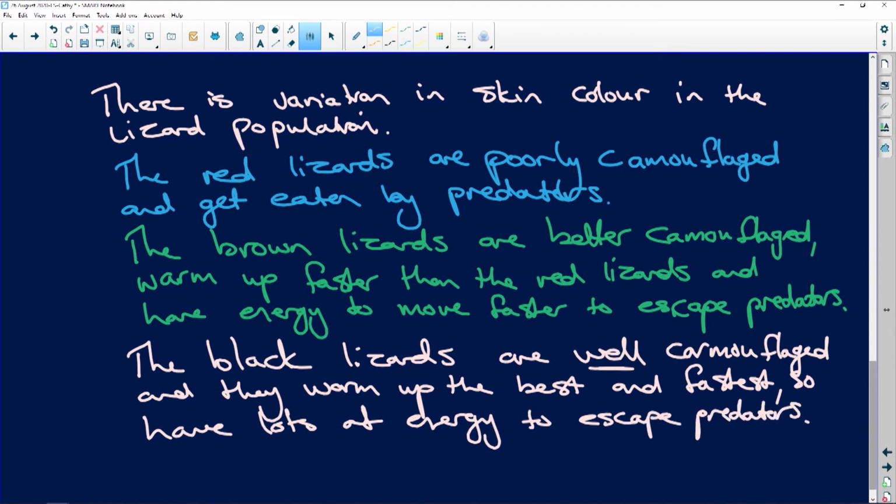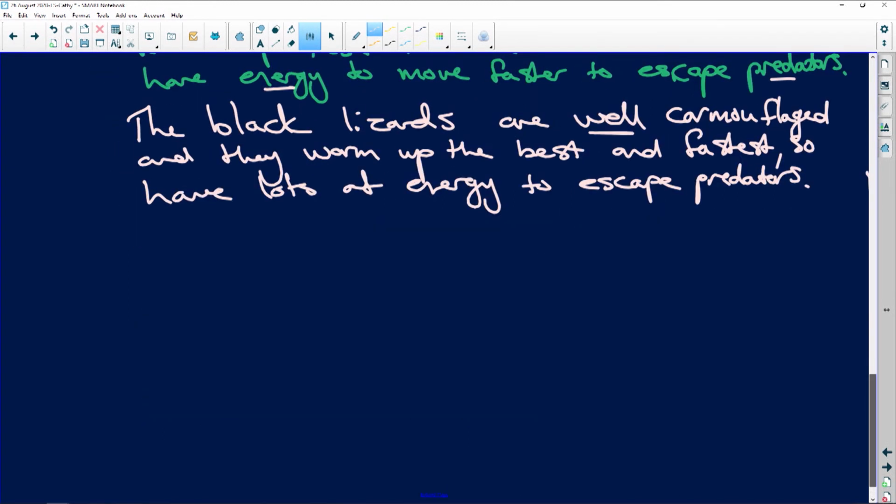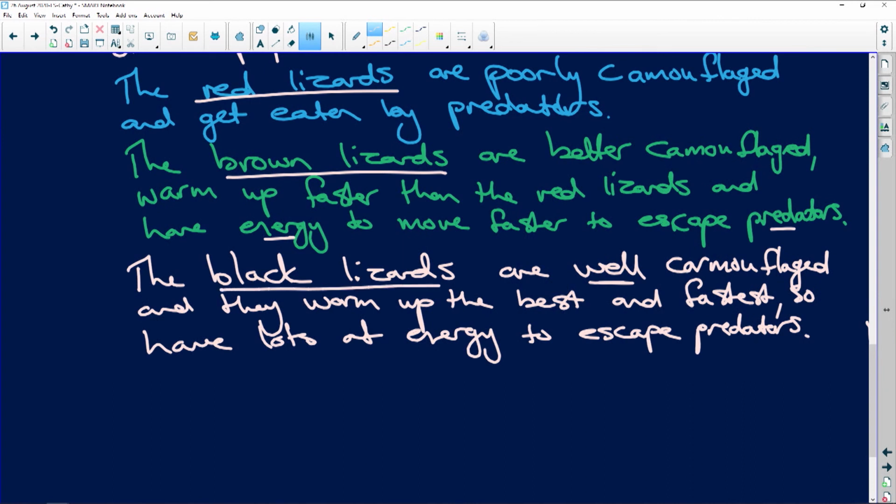So do you see what I've done? I've said the red ones, well, they didn't do too well. The brown ones are better than the red, and they have enough energy to sort of get away and escape from the predators better than the red ones did. But look here, the best guys of the lot are going to be the black lizards. They are well camouflaged. They warm up nicely, and they have lots of energy to get away.